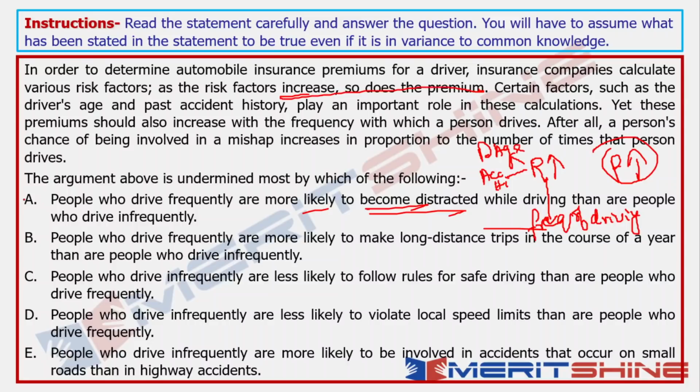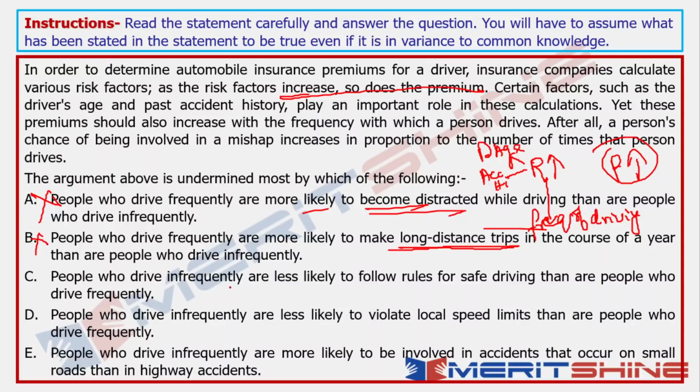So this is supporting, so eliminated. People who drive frequently are more likely to make long distance trips in the course of a year than are people who drive infrequently. So whether their risk increases has not been said, because we do not know whether long distance trips increase the risk or not. So this is irrelevant, we will eliminate it.